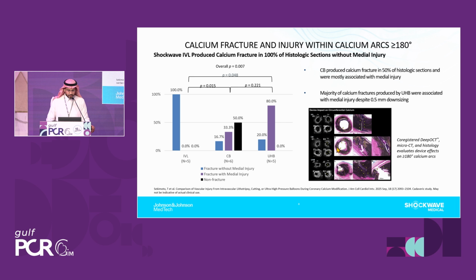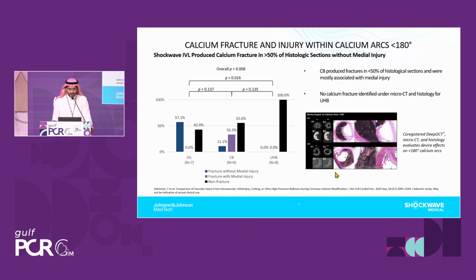The pink is toward the vessel, and the black is the outer layer, the media, the external lamina. And you can appreciate that in the intima there are fractures. You can see in the cutting balloon there are some fractures, but there is a disruption of the media itself. And if you look at the one with the OPN, you see that things are seriously disrupted.